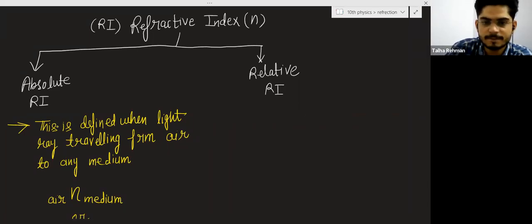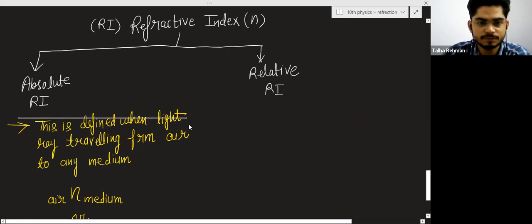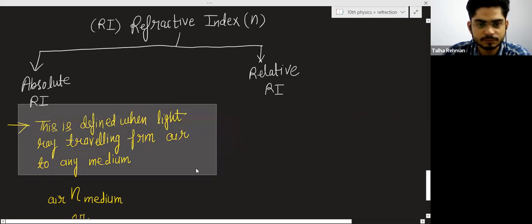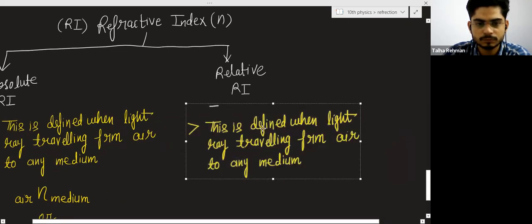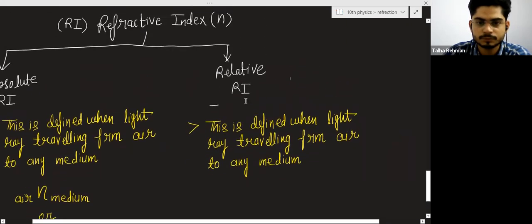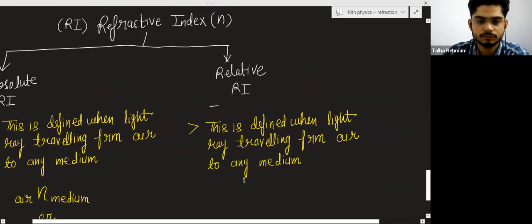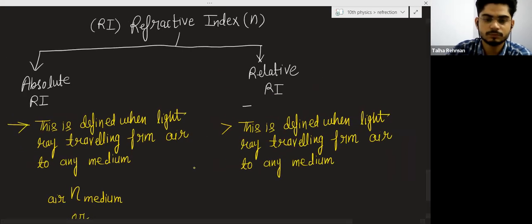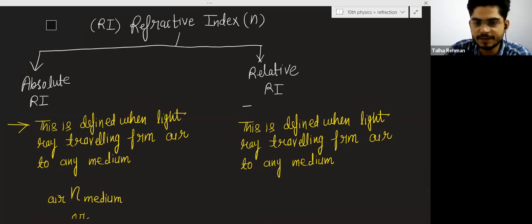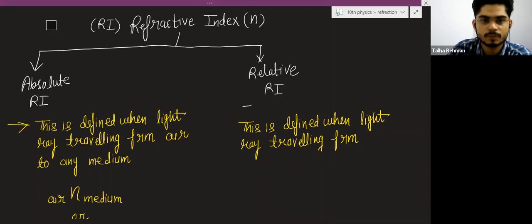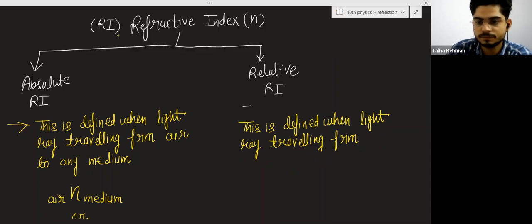This is defined when light is traveling from one medium to another.